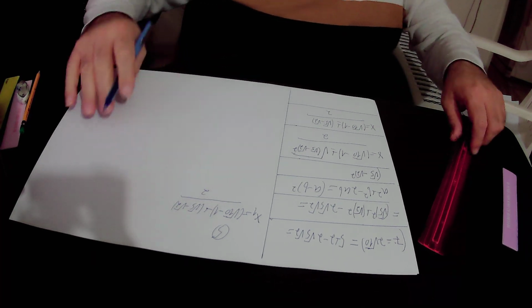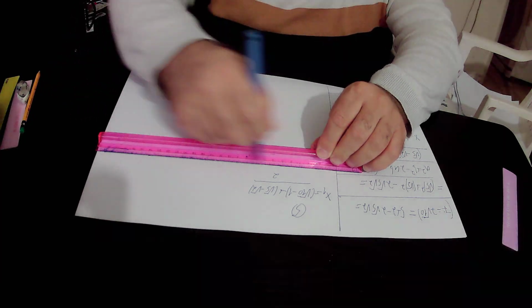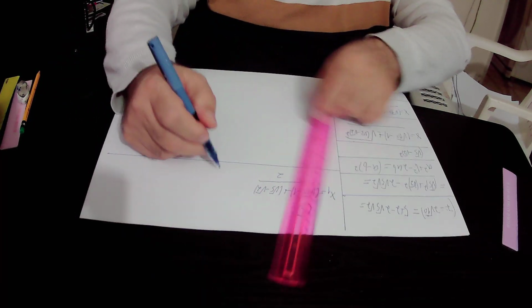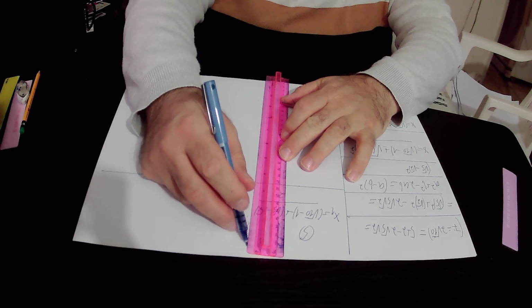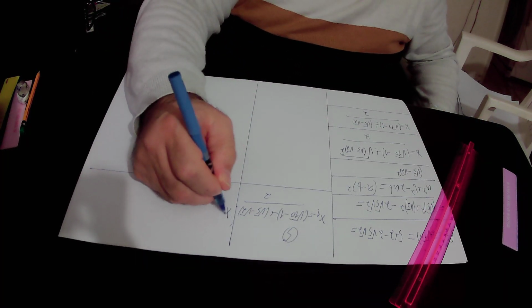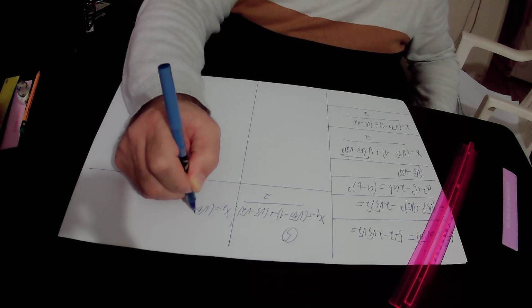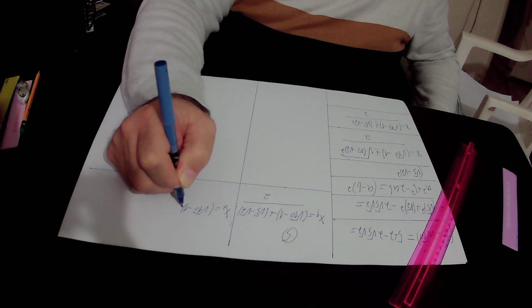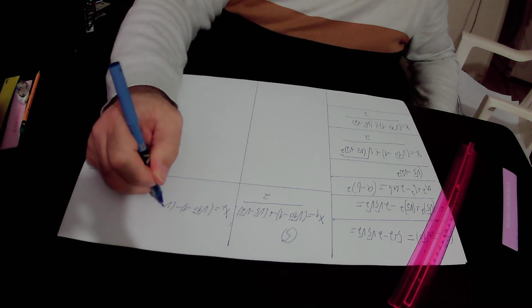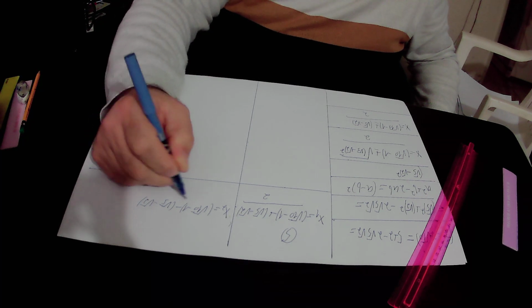And the second solution, x2, will be equal to square root of 10 minus 1 minus square root of 5 minus square root of 2, divided by 2.